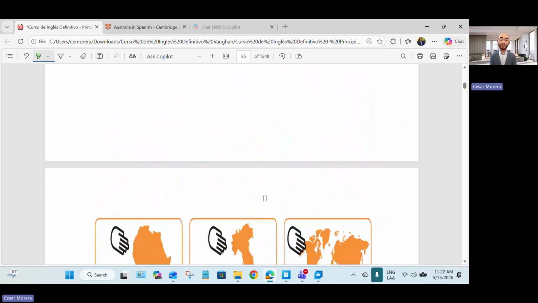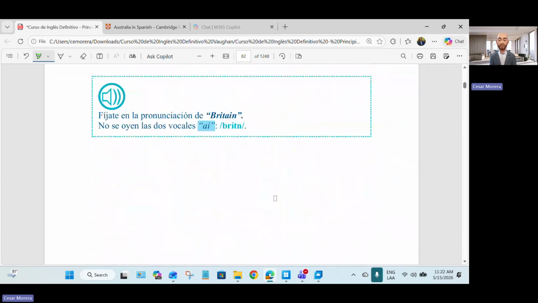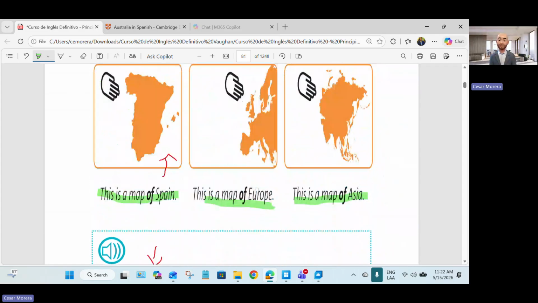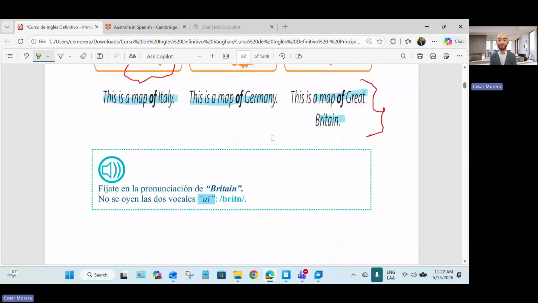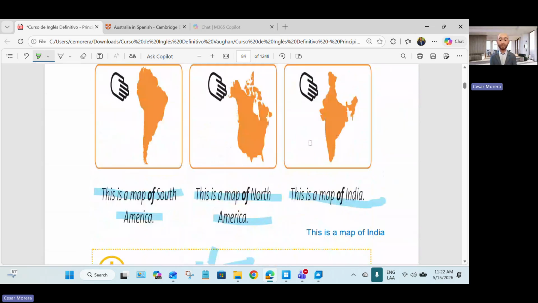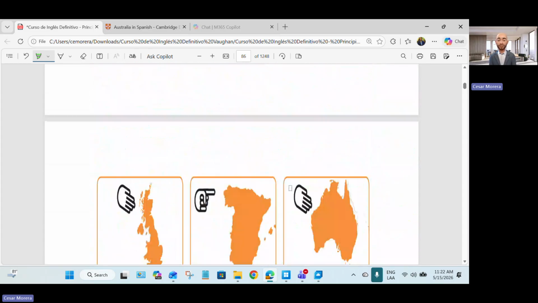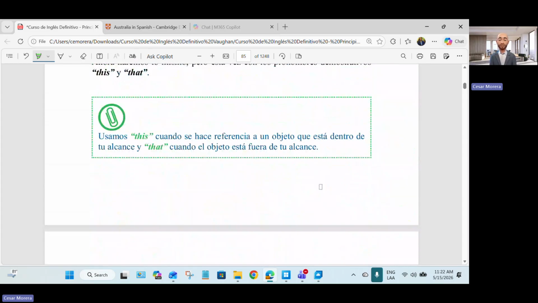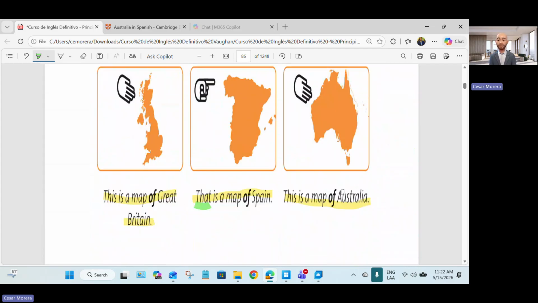Let's see. Okay, during the last couple of sentences, I was actually changing "that" for "this". So be careful on that, because maybe I wasn't pronouncing it right at some specific moment. "That" is for an object that is out of reach, far away.